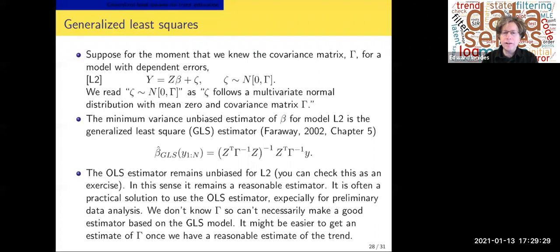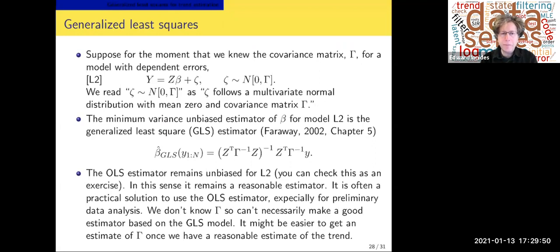Then the minimum variance unbiased estimator of beta is the generalized least squares estimator. I'm not going to derive it for you. I'm going to quote it for you with a reference of Faraway 2002, chapter 5, if you want to check that up. This is freely available as a PDF online.